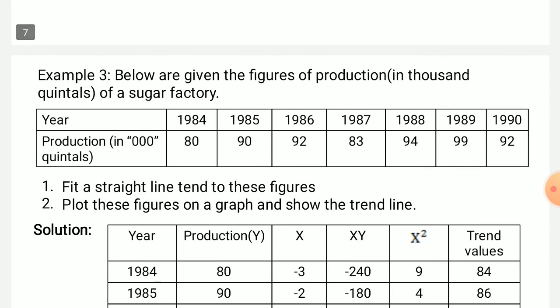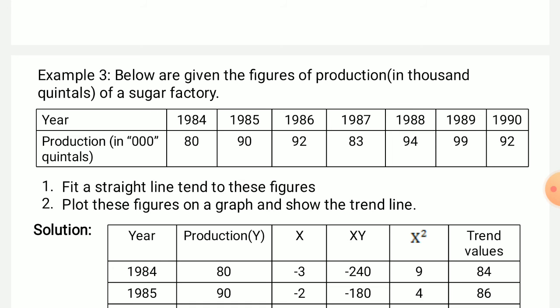Now this example 3 will explain the calculation of the values as well as plotting a trend line.